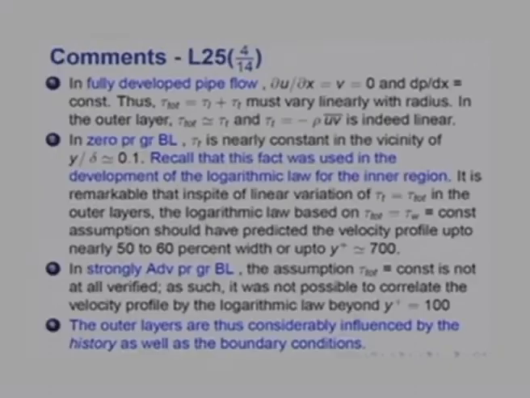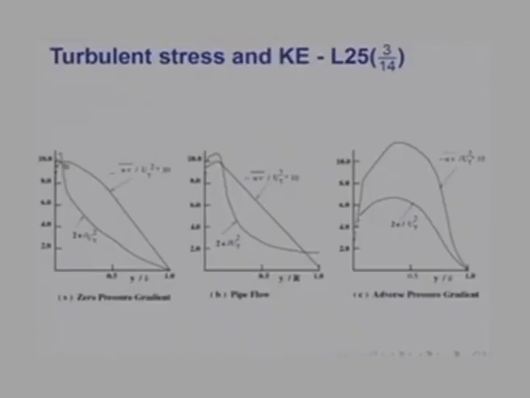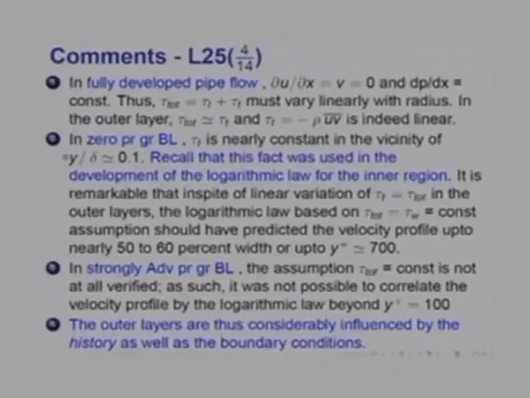And this is what I discuss here, that in a 0 pressure gradient boundary layer, the turbulent stress is nearly constant in the vicinity of the wall, y over delta of 0.1. In the vicinity of the wall, meaning somewhere about here, but then of course it drops down. The turbulent stress would drop down, laminar stress would take over.